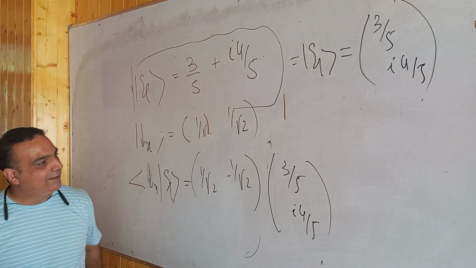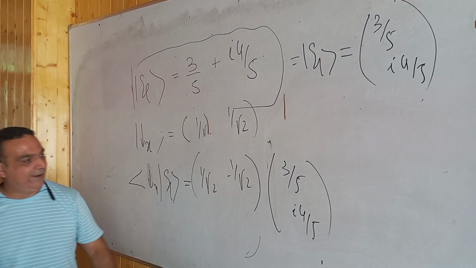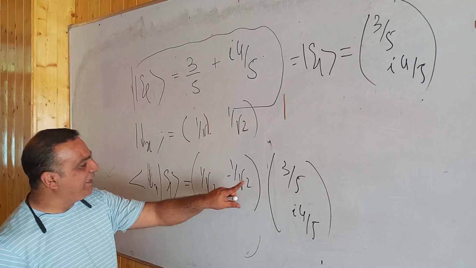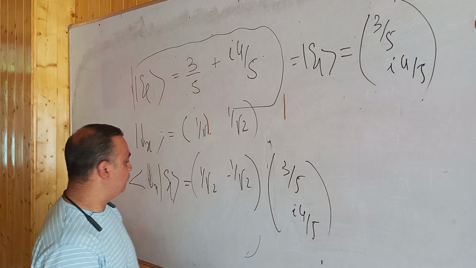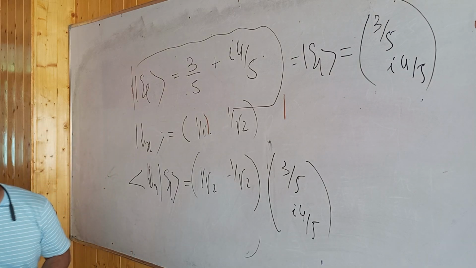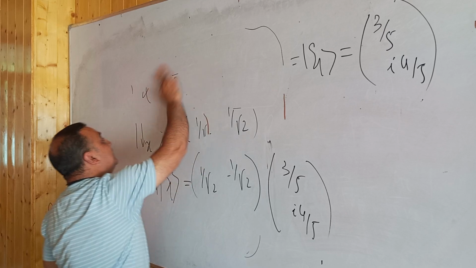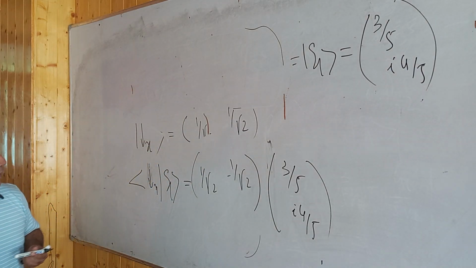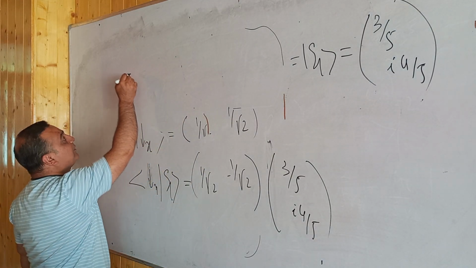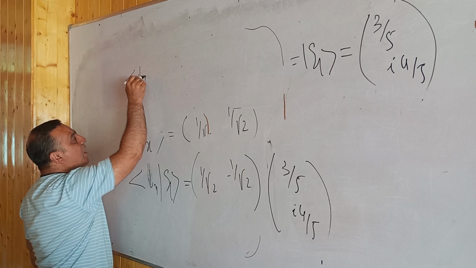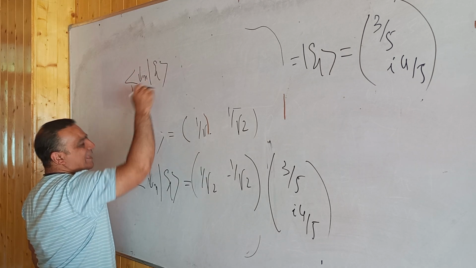Clear? So let's multiply it now. What will you get? 3/5√2. So I think I should rub this part. So what I'll have is spin down on x, then you will have zeta.